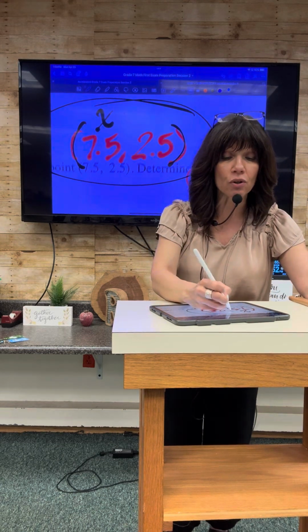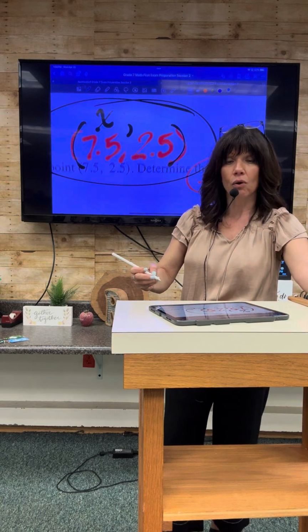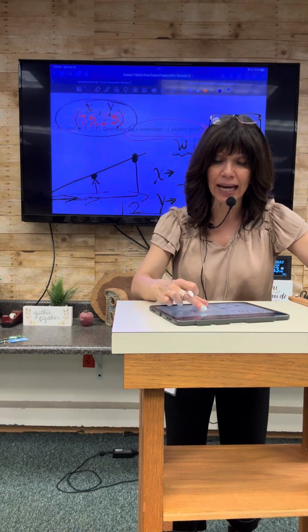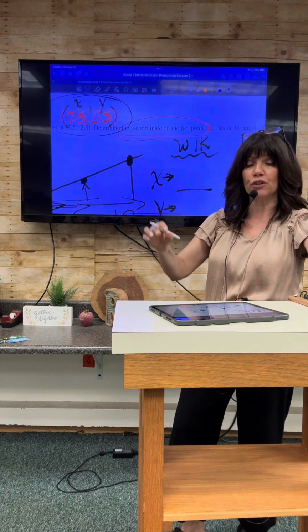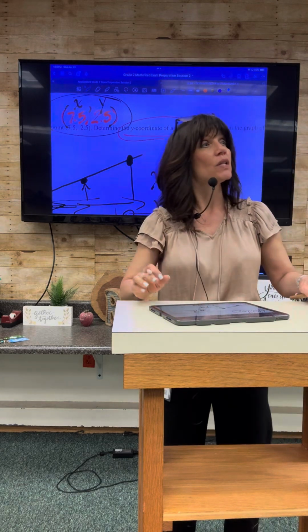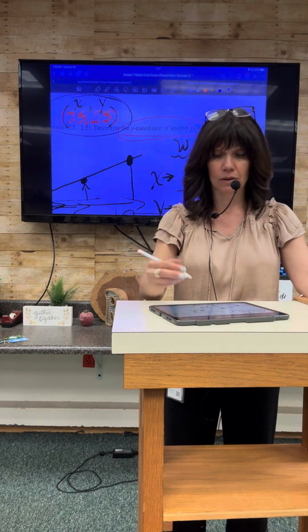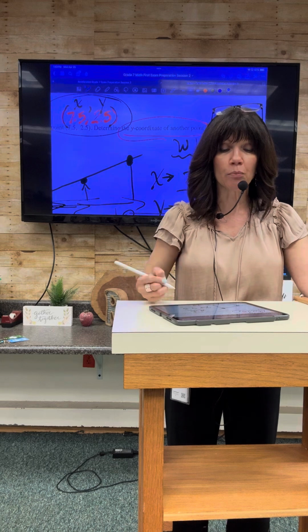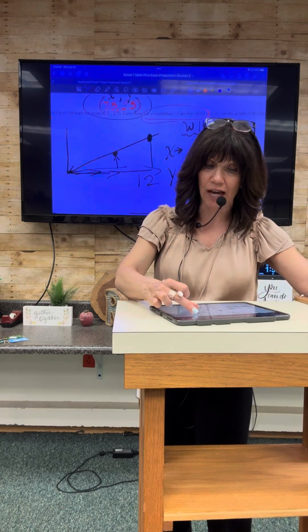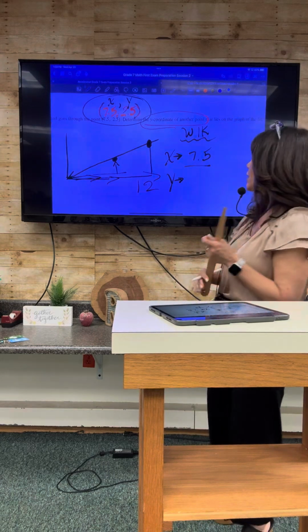What value is always second? Y. So if I am going to put the x value in the numerator spot, what number am I writing here? 7.5. If I am putting the y value that corresponds with that x value, what number am I putting here?